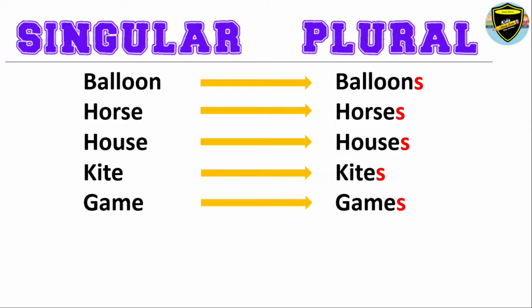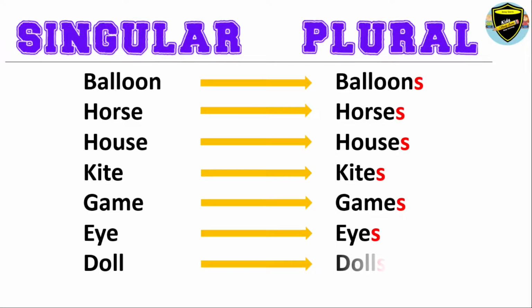It becomes games. Eye. By adding s to it becomes eyes. Doll. By adding s to it, we get dolls. Day. By adding s to it, day becomes days.